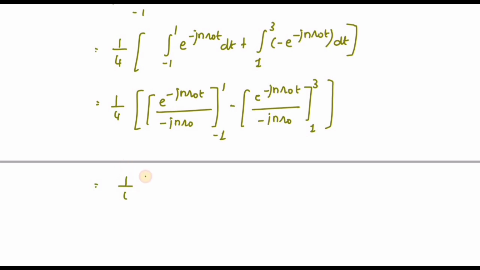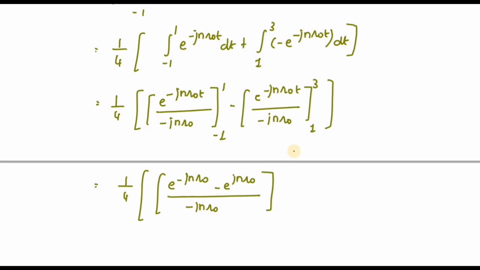If you take common, then I am going to substitute for t, I am going to substitute 1, right? Again for minus t, it becomes j n omega naught, minus e power minus j 3 n omega naught, minus j n omega naught minus e power j n omega naught.